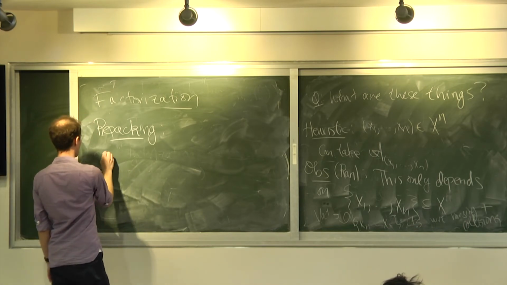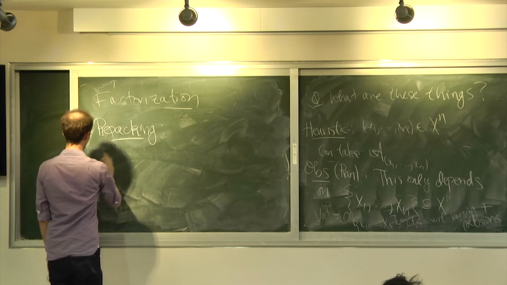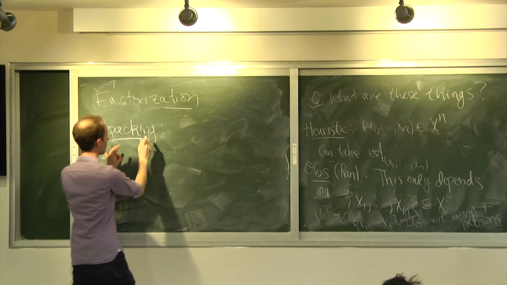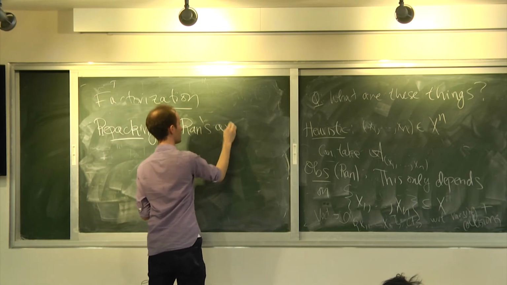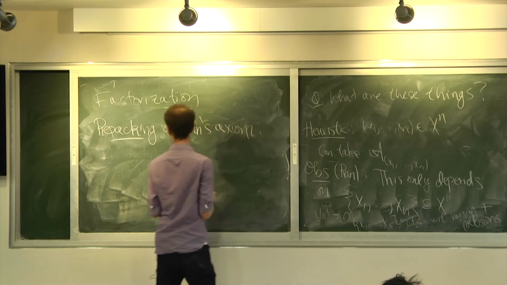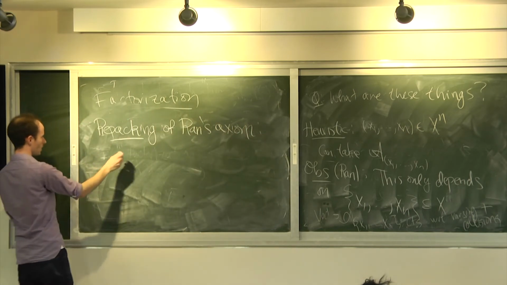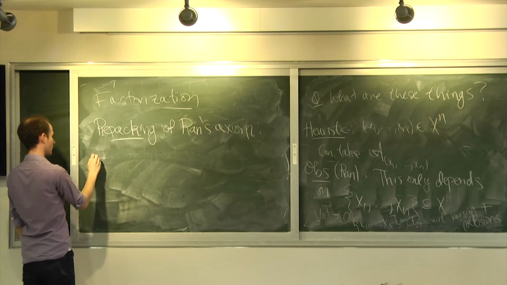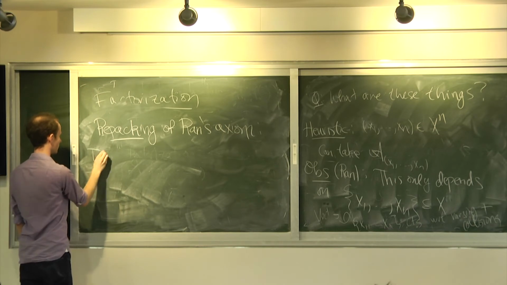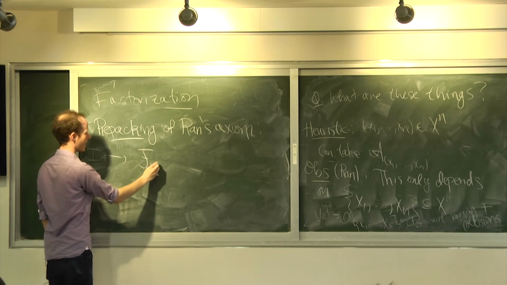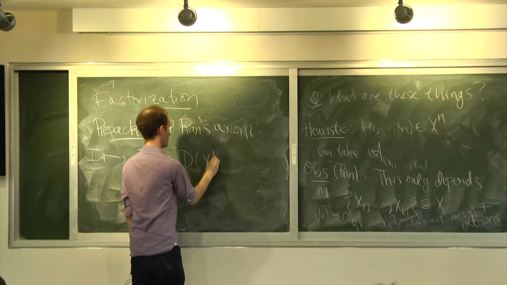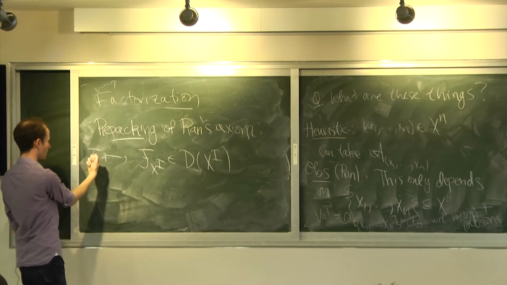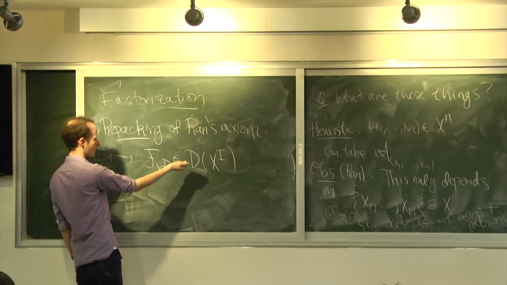OK, so one game we can play is a repackaging, but it'll only be a repackaging of Ran's axiom. So what does Ran's axiom say? It says that we're given, and I'm going to write F sub x to the I to emphasize that it's not an algebra, it's just some sheaf, an assignment for every finite set I of some D module here.